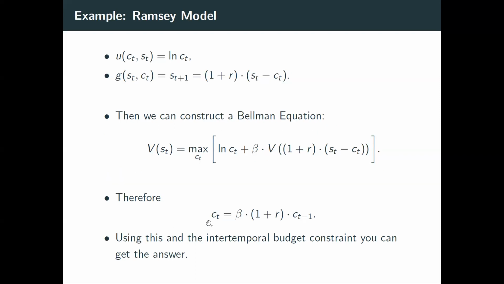So here it was a continuous choice variable CT, and for that we just took the first order condition, so we differentiated this inner part with respect to CT. In our problems, we will have not just a discrete choice variable, but even a binary choice variable, and for that you differentiate with respect to a discrete variable.